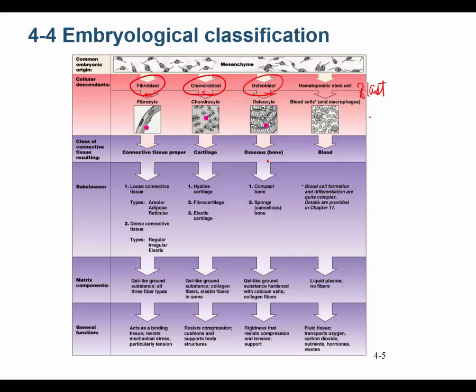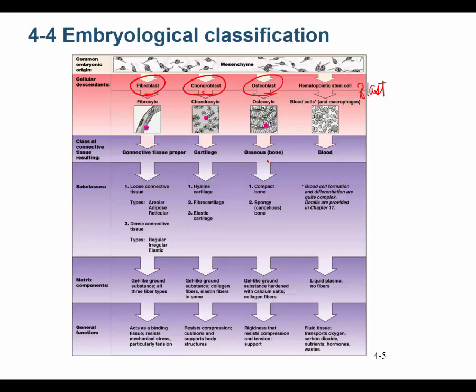Like there's a normoblast, which makes a red blood cell, and there's a myeloblast, which makes granulocytes, and there's a lymphoblast, which makes lymphocytes, and that's about it. So there are blast cells in hematopoietic stem cells, and they make blood. All right, so that's why I like this picture, because it shows you the cells that make it.